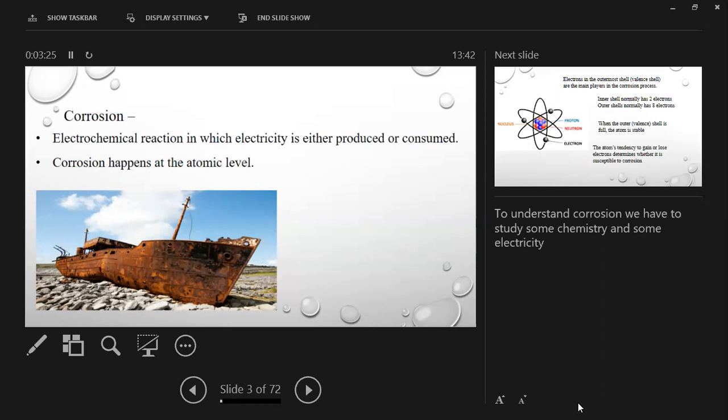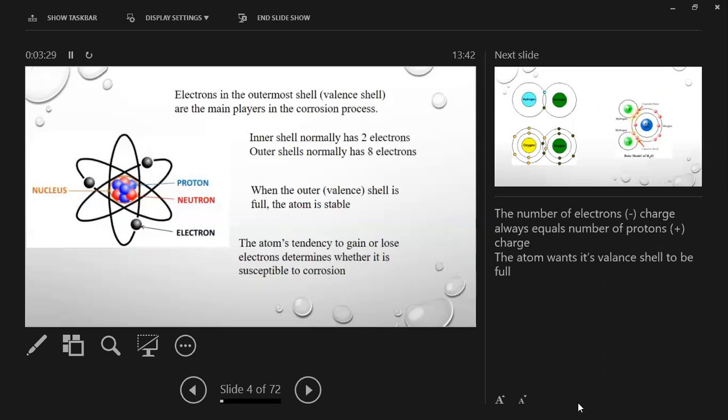Corrosion happens at the atomic level, so we've got to look at atoms. Going back to high school chemistry and college chemistry, you all remember that atoms are composed of a nucleus and an outer shell of electrons. The nucleus is protons and neutrons.